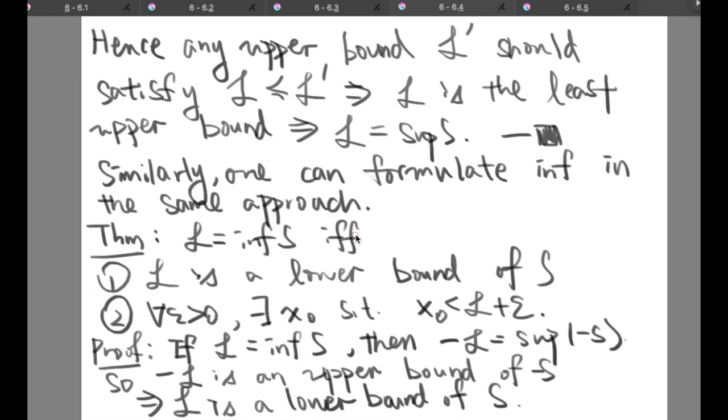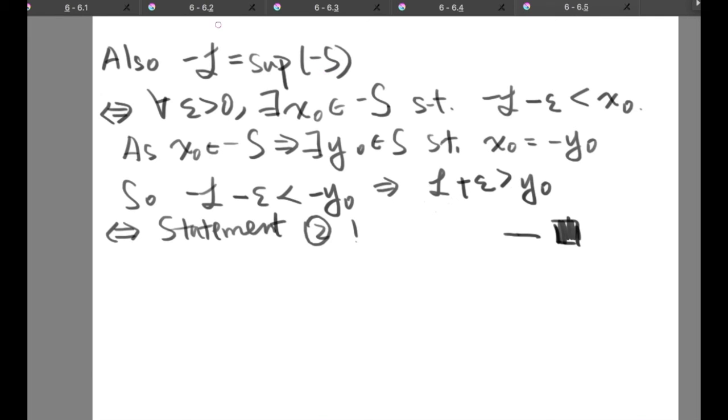We do not have to do the dirty work again, because we have proved that the infimum of S is equal to the negative of the supremum of negative S. Therefore, if we let L equal to the infimum of S, then negative L is equal to the supremum of negative S. By the definition of supremum, negative L is an upper bound of negative S, and therefore L is a lower bound of S. Also, negative L equal to the supremum of negative S is equivalent to: for all epsilon greater than 0, there exists x naught inside negative S such that negative L minus epsilon is smaller than x naught.